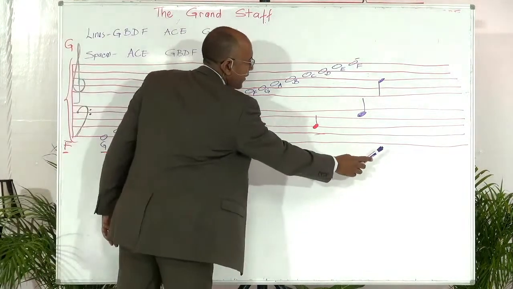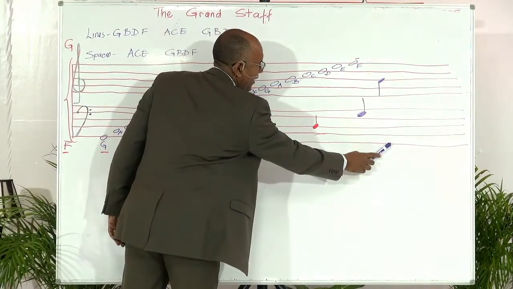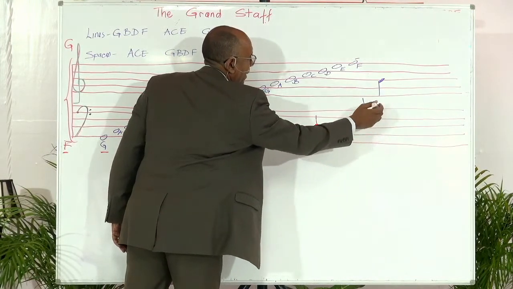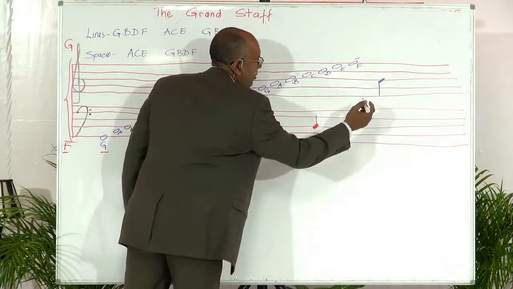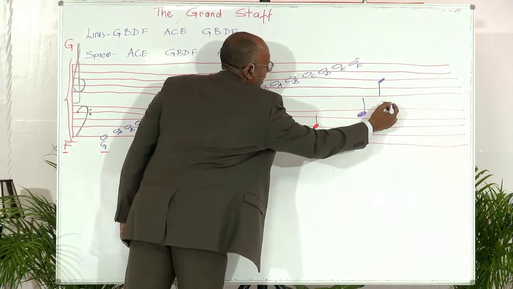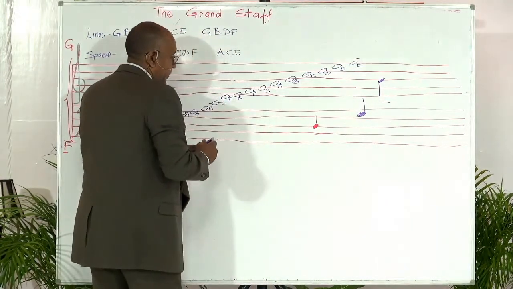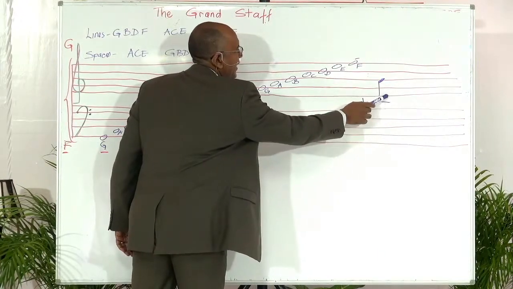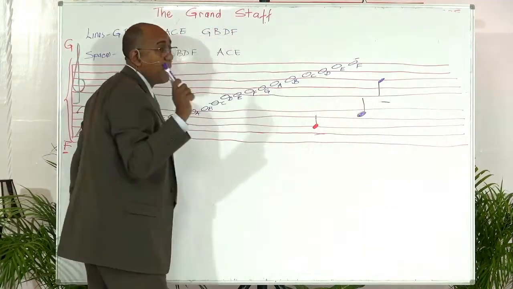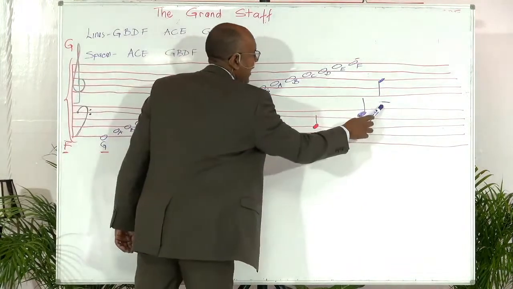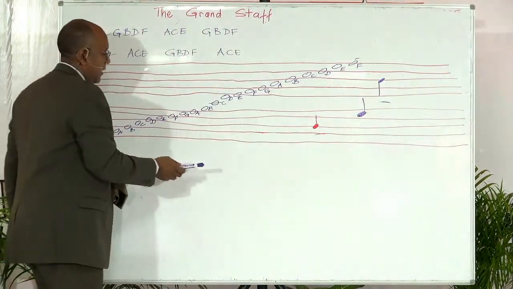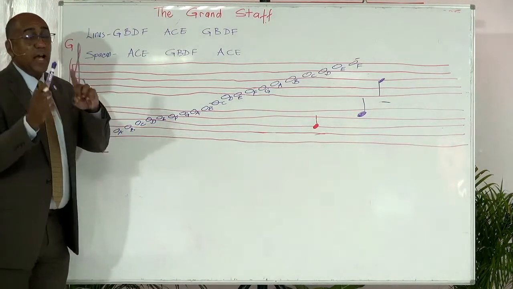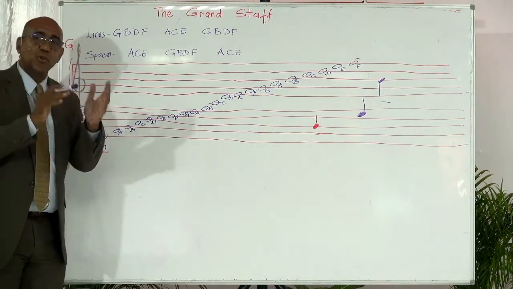So we go from the lowest line, G, B, D, F, A. But remember that C comes in between. The common mistake I see is where you will count G, B, D, F, A, C. But no, remember that there's a line between the bass clef and the treble clef, a ledger line, and you will not see it unless there's a note on it.